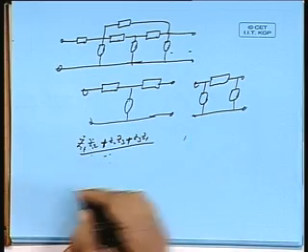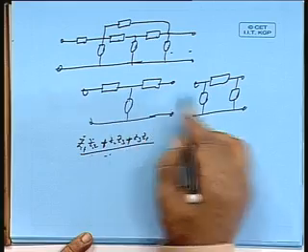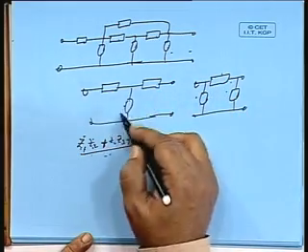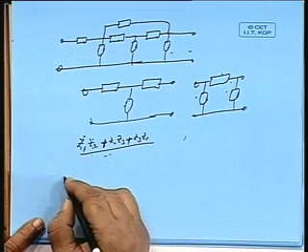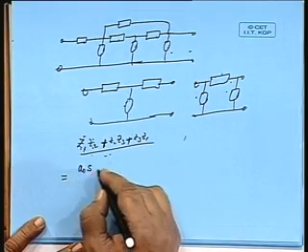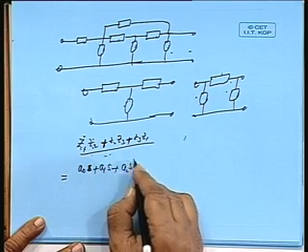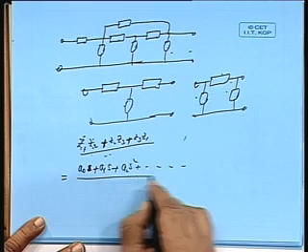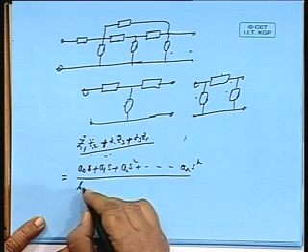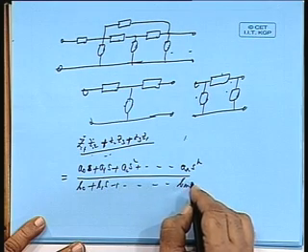Is that all right? So, all these elements finally Zs or Ys elements here, that is Ya, Yb, Yc or Za, Zb, Zc, these will be having the forms some A0 plus A1s plus A2s square and so on, divided by B0 plus B1s and so on, Bm s to the power m.